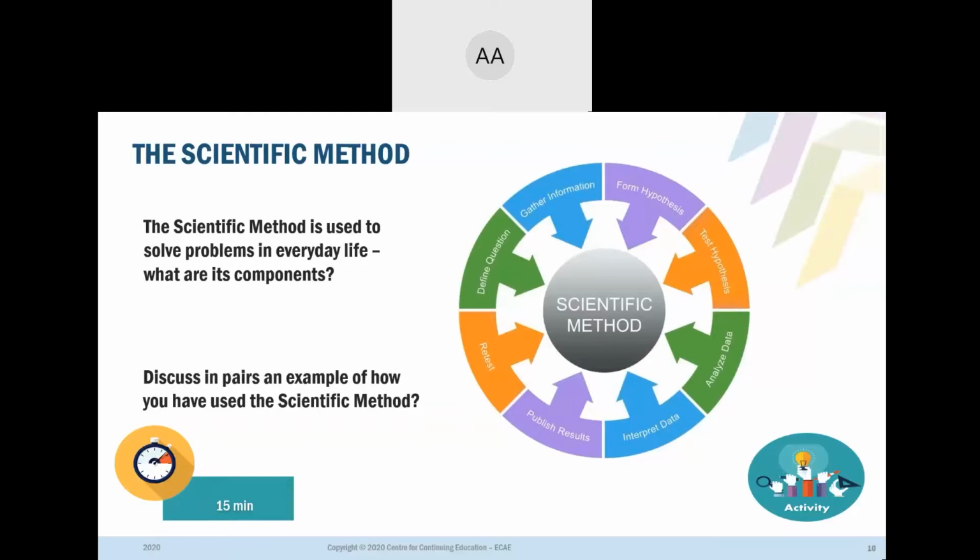It's the process used by scientists to understand the natural world. It's fantastic because it allows us to investigate natural phenomena in a very rigorous manner. We can work from hypotheses to draw conclusions based on empirical data. So that concept is very important, empirical data, drawing conclusions.